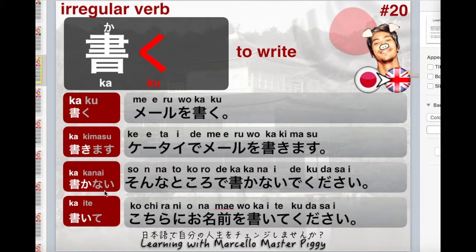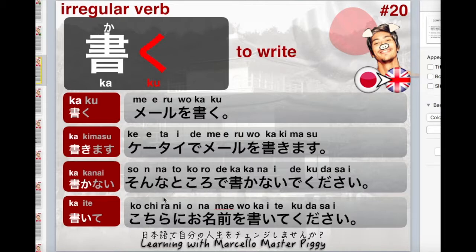Now the next one is the negative form, kakanai. Nai-kei is kakanai. So for example, そんなところで書かないでくださいね。Please don't write in a place like that.